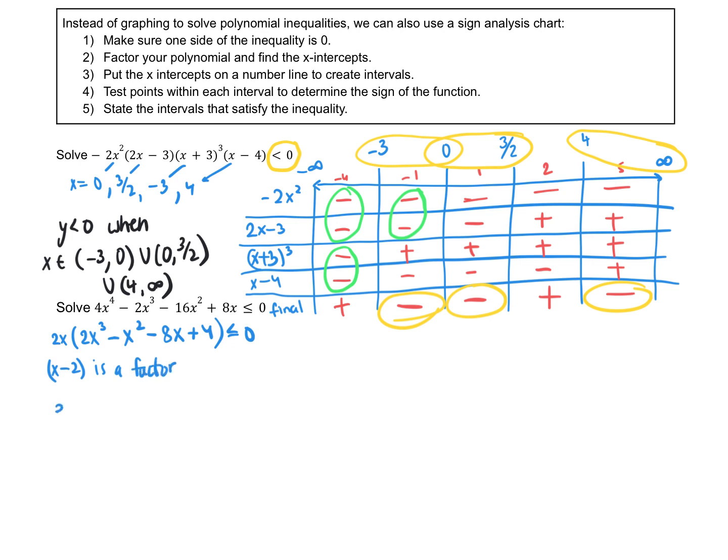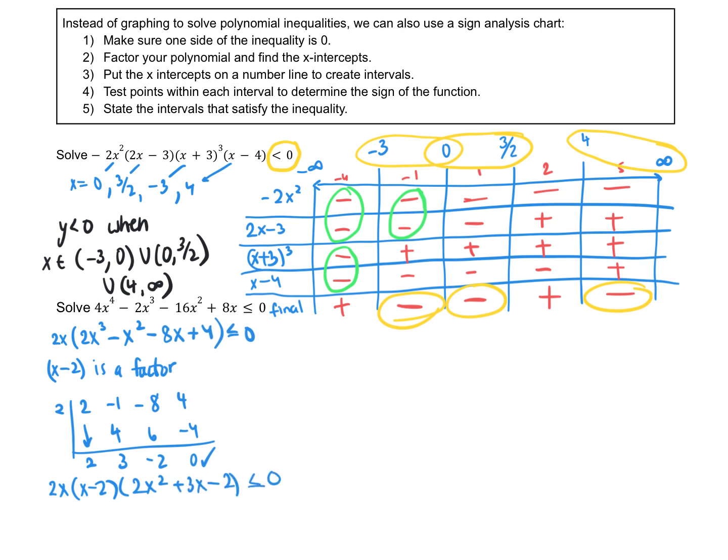So I'm going to do my synthetic division here, although long division is perfectly fine as well. And here's the check that I know I've done it correctly because I got 0 for my remainder. So when I write what I'm left with, don't forget your GCF, the x minus 2 factor, and then this remaining quadratic.